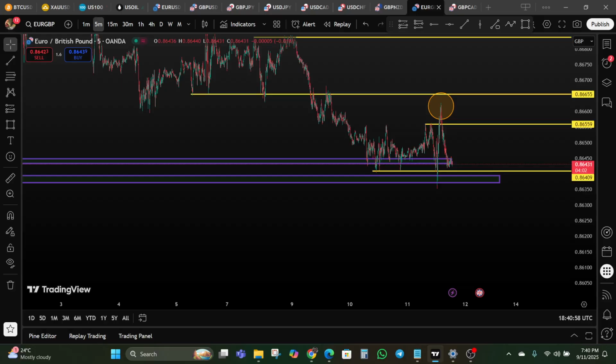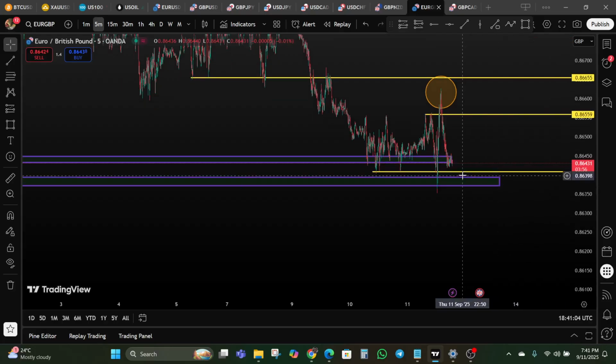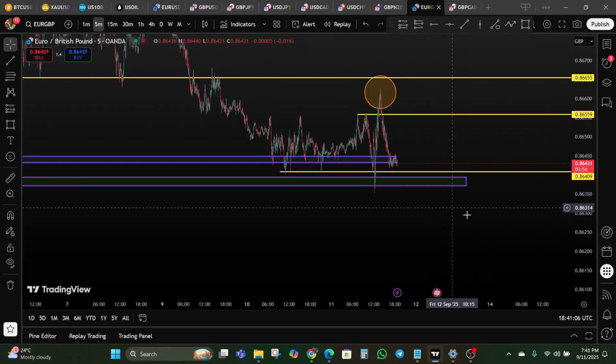By mastering this approach, you will start to see how institutions control price even on the smallest time frames. What looks like random noise on the 1 minute or 5 minute chart may actually follow a clear structure once you know what to look for.